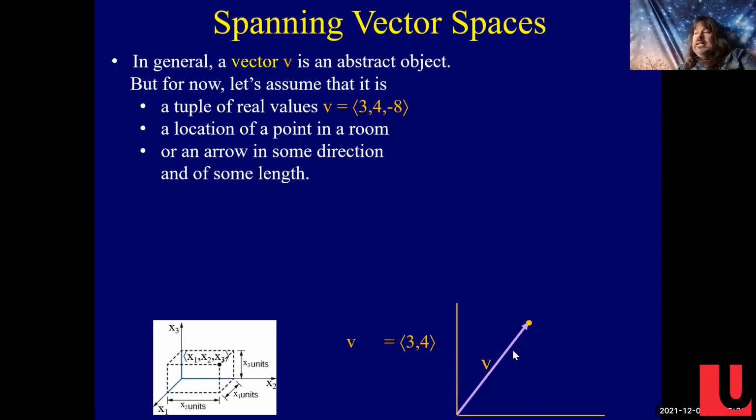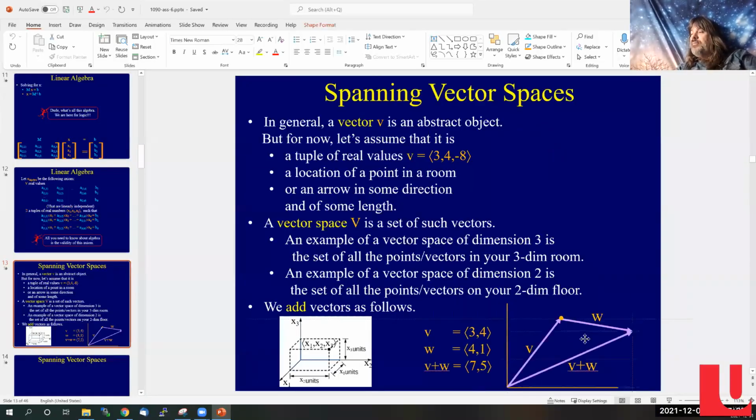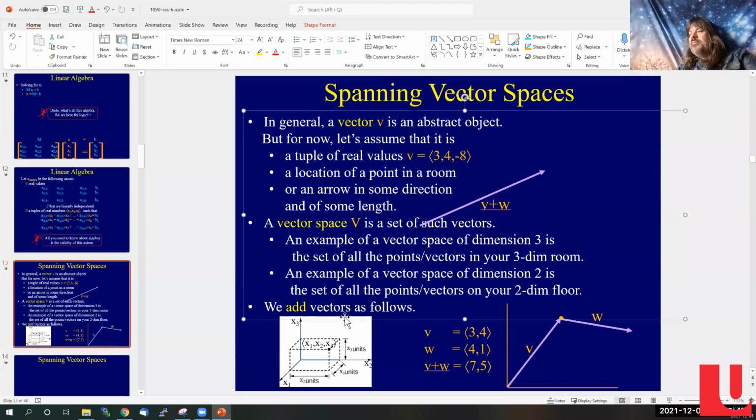I could take this vector and move it all over here, and it's still the same vector, because I'm not caring where it starts, I'm caring about its direction and its length. As I move it here, its direction and its length don't change.